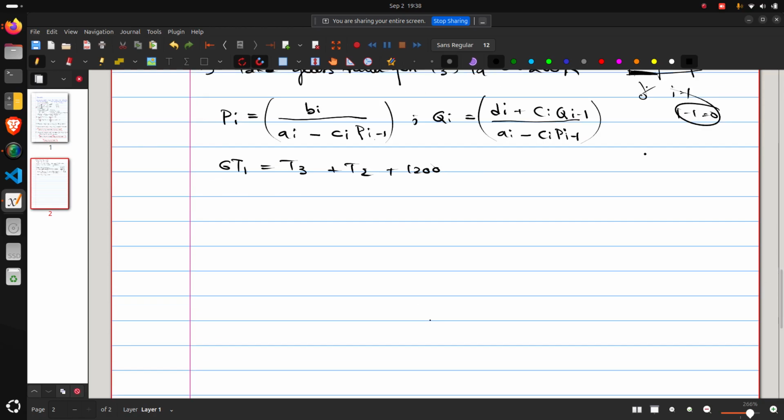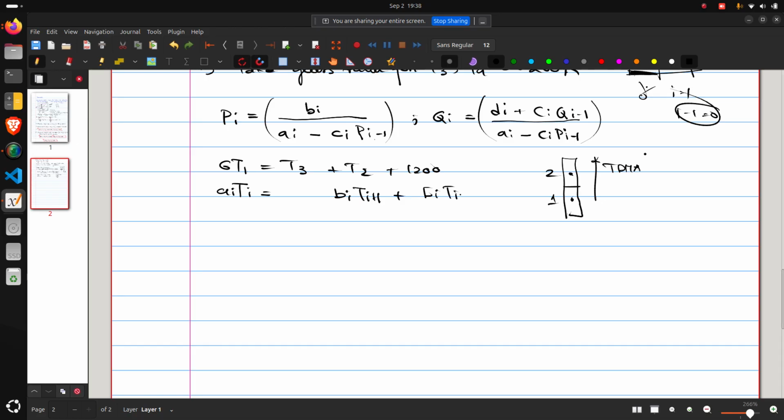If you take this equation and look at the one dimensional direction in which you are about to perform the TDMA, you have point number 1 and point number 2. Here this is nothing but Ti. So Ai Ti is equal to Bi Ti plus 1, and there should be something like Ci Ti minus 1, but it is not there.